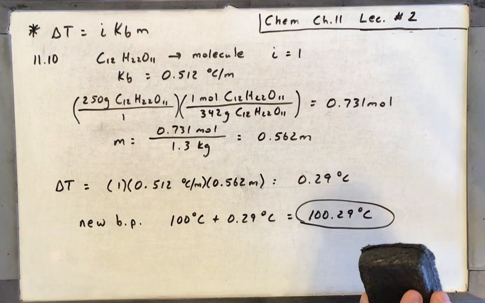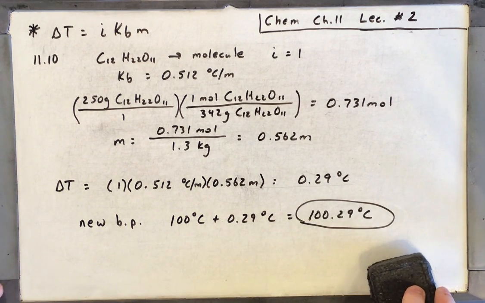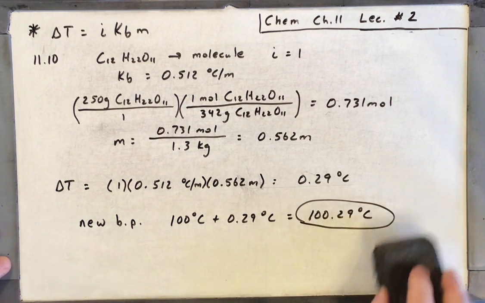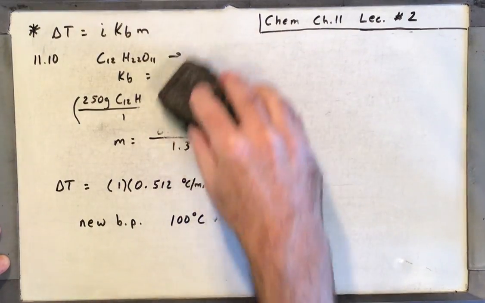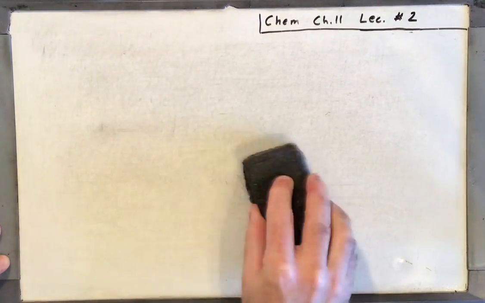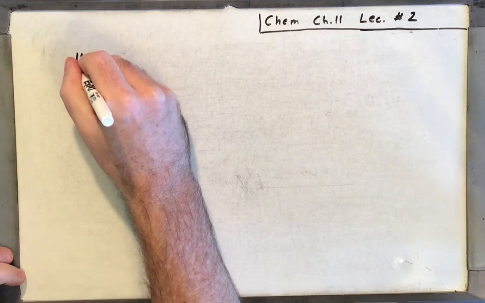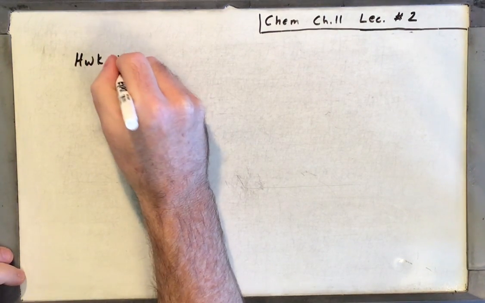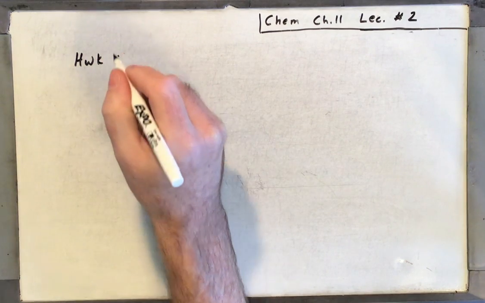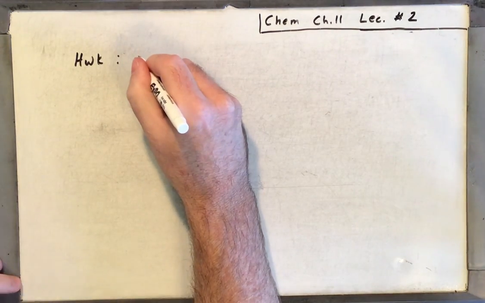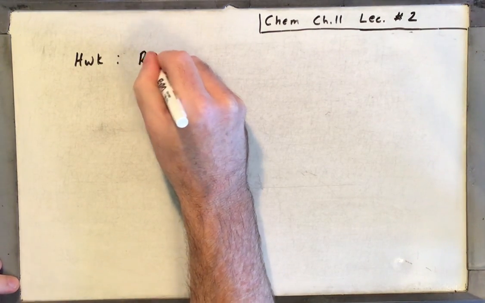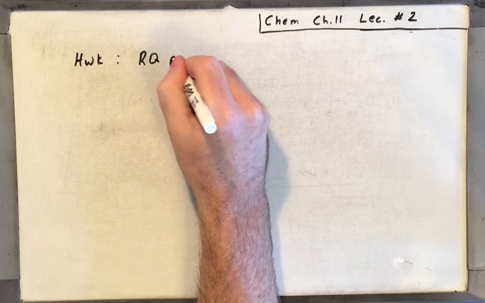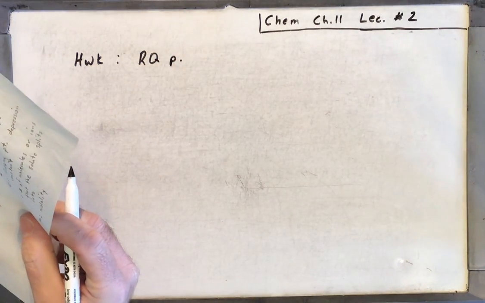Let me just hold on just a second, and I will give you the homework assignment that goes with this. Your homework is going to be, let's see where we left off last time. Number 10. We've got review questions on page 381.